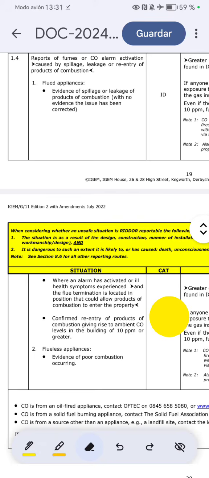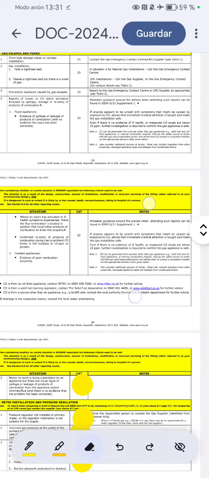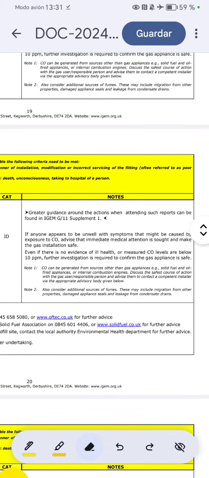Confirmed re-entry of products of combustion giving rise to ambient CO levels in the building of 10 parts per million or greater. So that was 1. And then 2 here is flueless appliances, evidence of poor combustion occurring. To me, this is ID. Yes. Okay, and then there's more notes. If you want to pause, you can pause and look at the notes here.